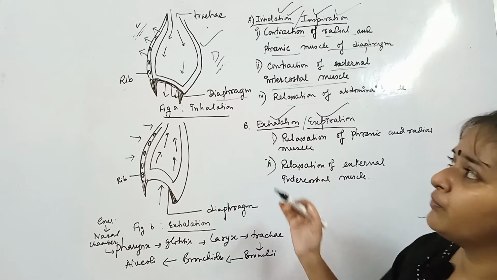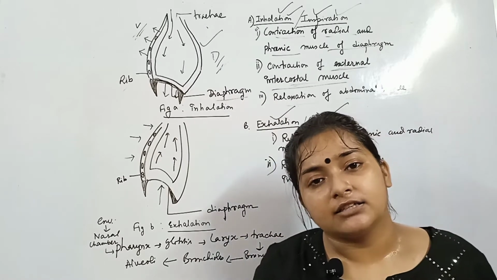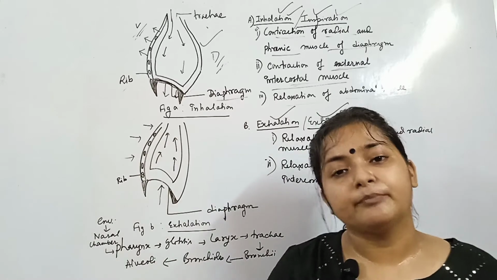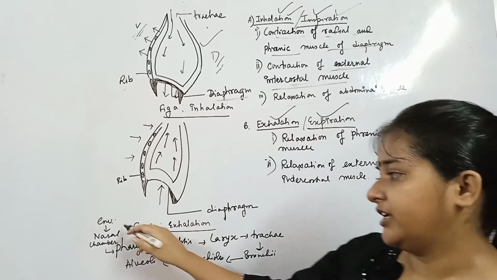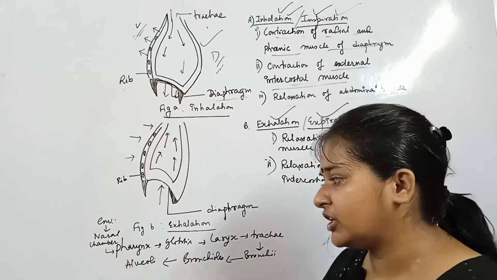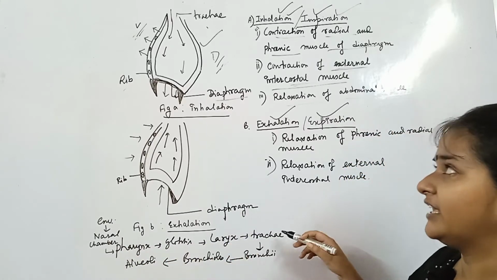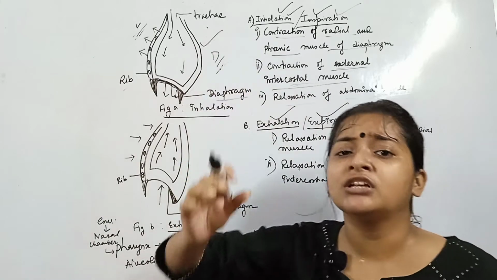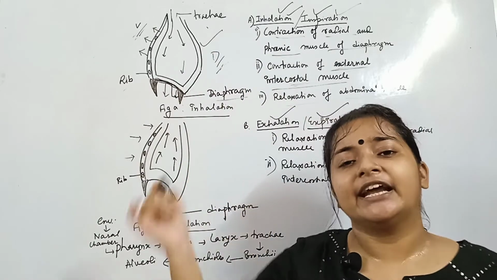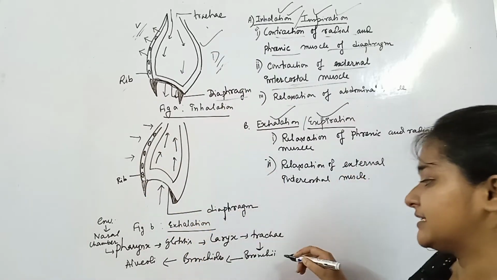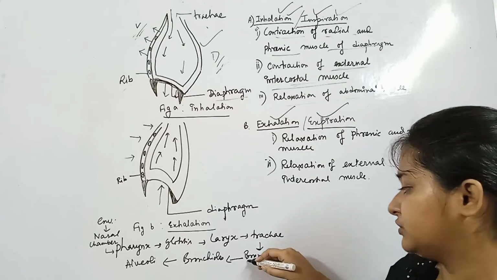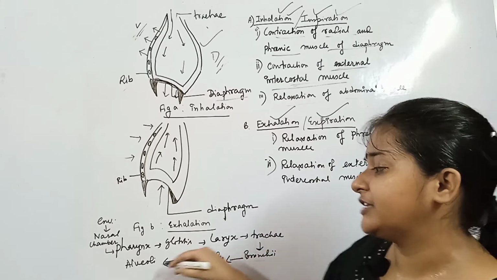And that is why the air starts coming inside the body through this pathway, from environment to nasal chamber, next to pharynx, to glottis, then larynx to trachea. And trachea is the junction by which this air starts getting inside the lung, first to the bronchi, then to bronchiole, then to alveoli.